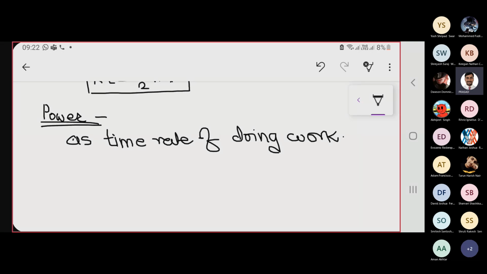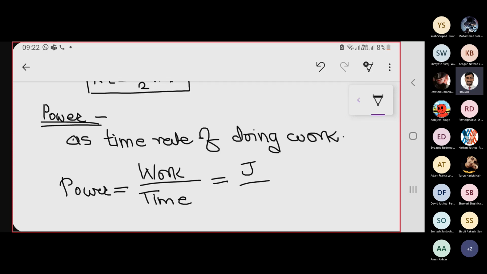Actually it is nothing but work divided by time, where work is in joule and time is in second. So its unit is called a watt.